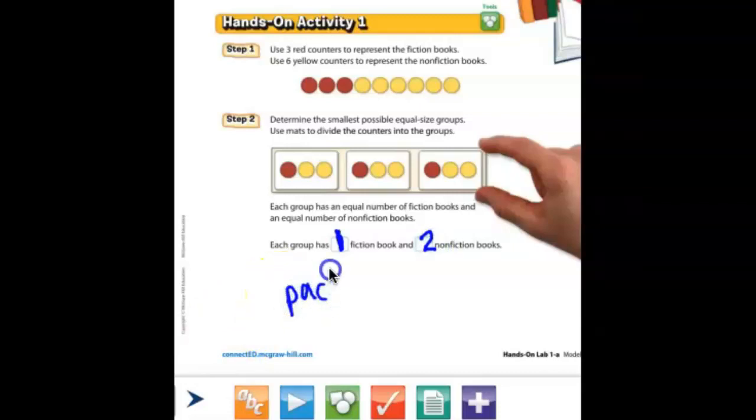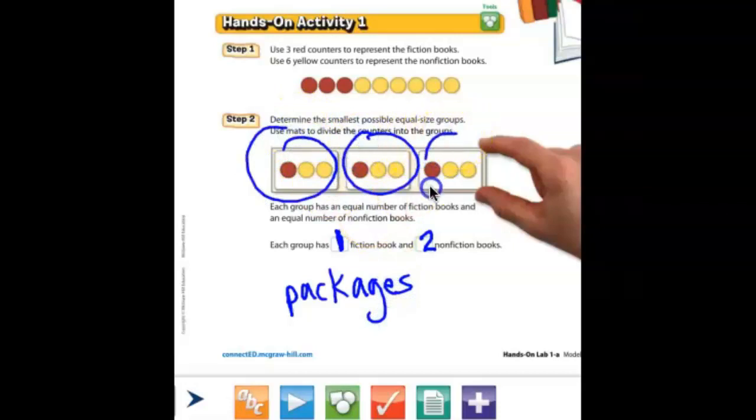So if we were to figure out how many total packages were they able to hand out? Go ahead and answer that question. And the answer is 3. They were able to make 3 packages. So that's how ratios are going to work.